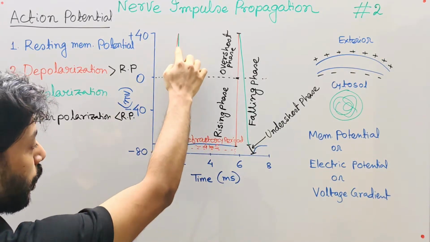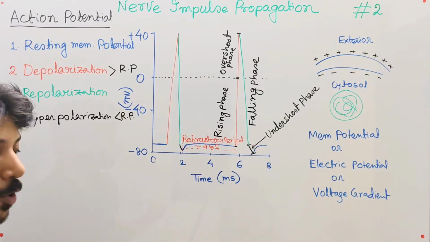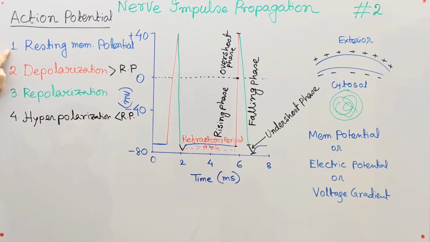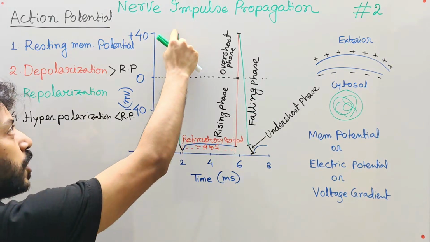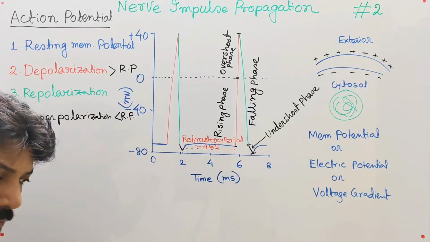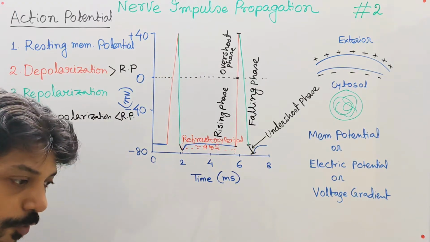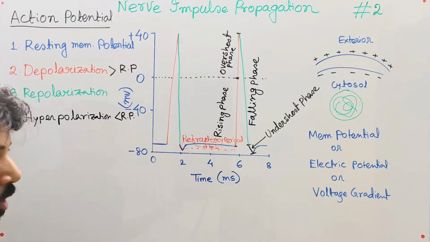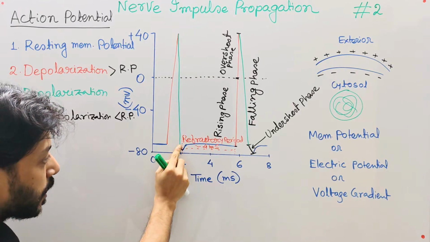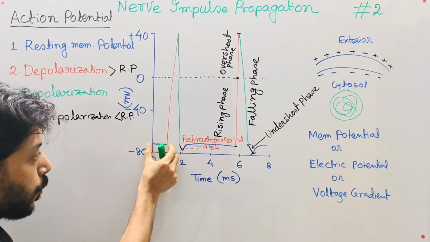The green color represents repolarization. So there is resting membrane potential, depolarization, and after reaching the peak, the membrane potential falls. It is called repolarization, and this goes down to the resting membrane potential.